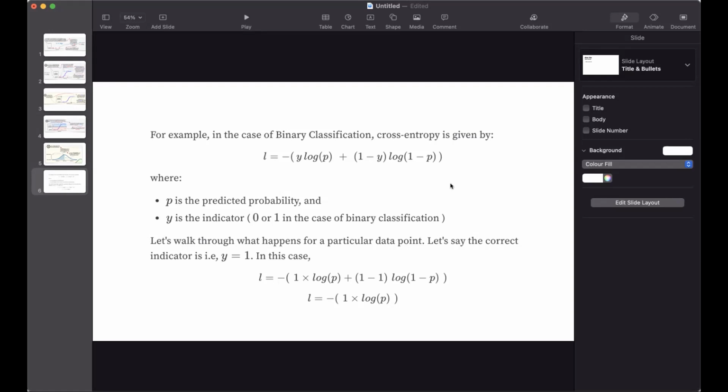Okay, the easiest thing, I'll give it to you all as homework: for different values of y and different values of p, and remember, y can only be 0 or 1, p is a value between 0 and 1. For a random value of 0 or 1 for y, and a value between 0 and 1 for p, figure out what this looks like.